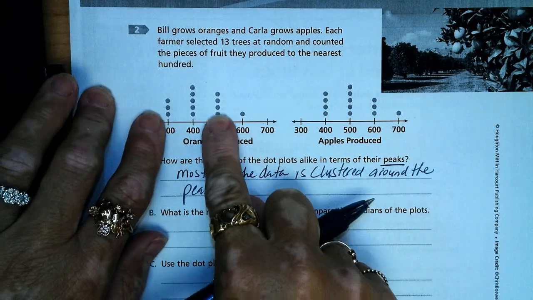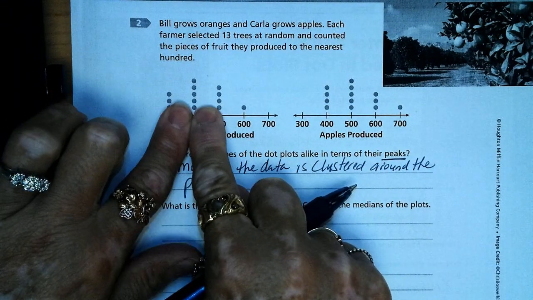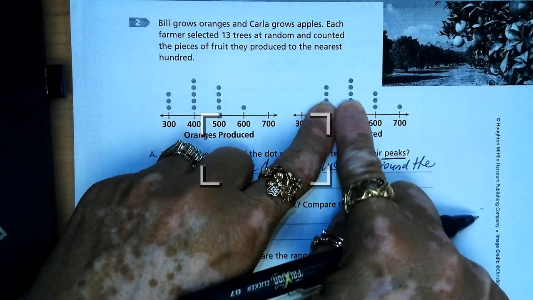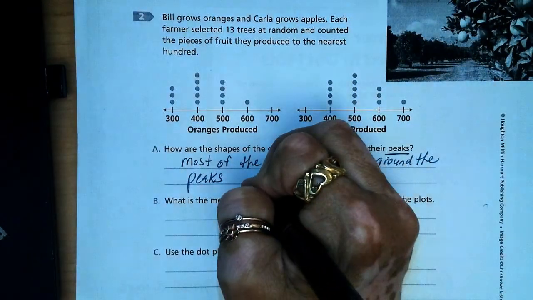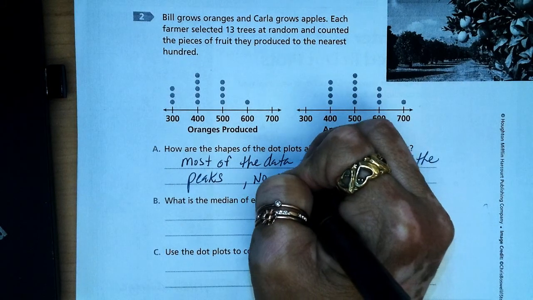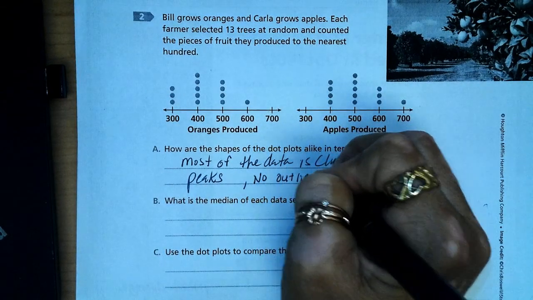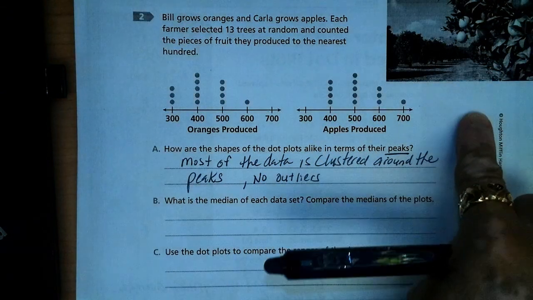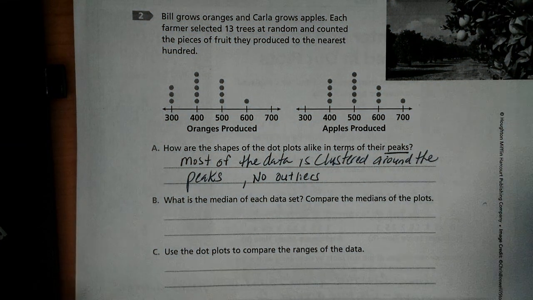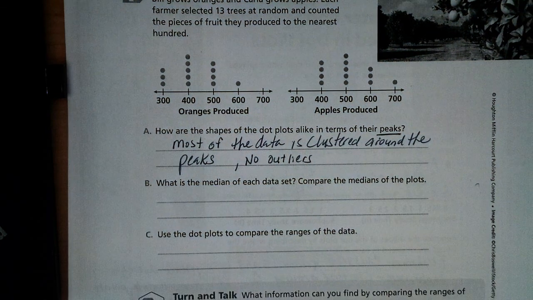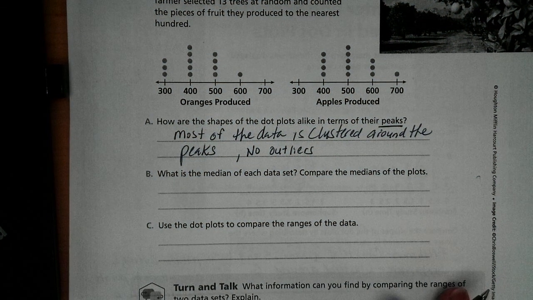So in other words, most of the data is here. Most of the data is clustered around this peak. There are also no outliers. So that means we don't have one tree that produces 1,000 fruit. There's nothing that's way out here that's going to cause any problems. All right, so we are going to find the median.